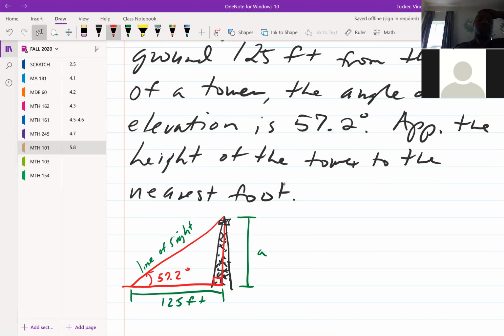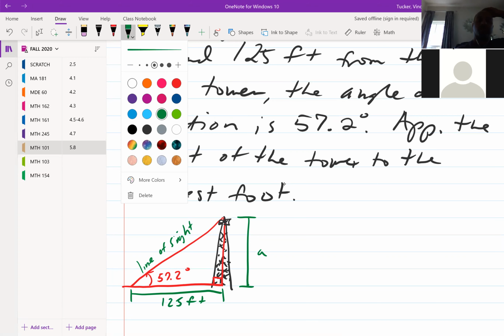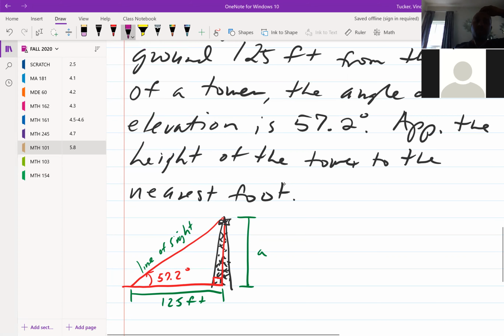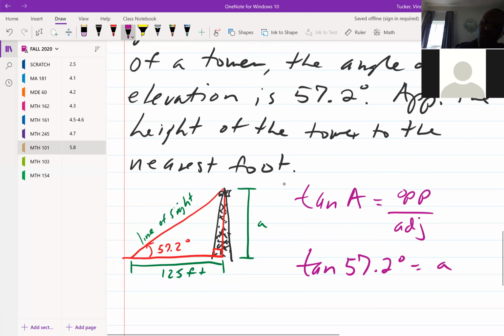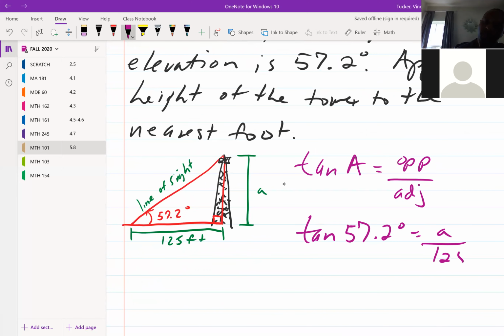So what we can use here is tangent. Tangent of an angle is equal to opposite over adjacent. So we've got the tangent of 57.2 degrees is equal to A over the 125.